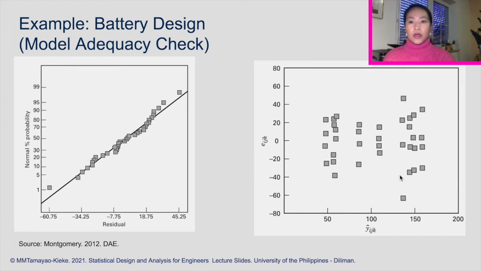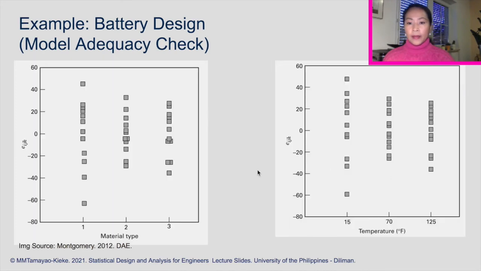So we can conclude that the model is adequate. We can say the same for residual versus material type and residual versus temperature. We don't see any significant pattern. Therefore, we can say that the model is adequate.